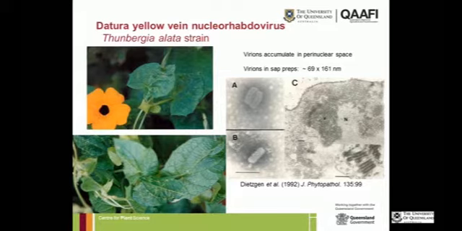It grows in gardens all around Brisbane, and all the ones I've sampled have this virus. It causes vein yellowing and vein clearing symptoms on the leaves. This is a nuclear rhabdovirus, which establishes a virus replication factory in the nucleus and has these typical bacilliform rhabdovirus particles.